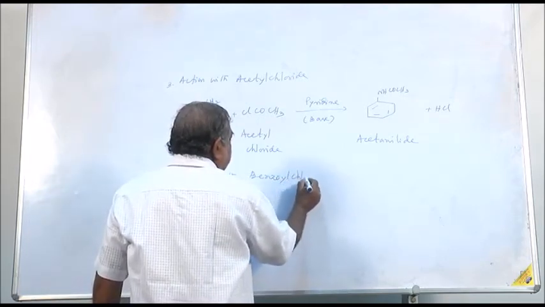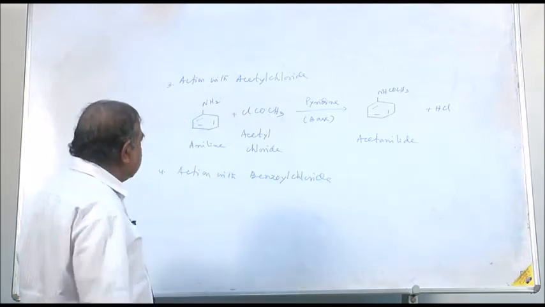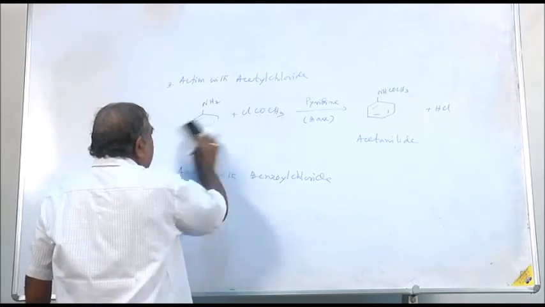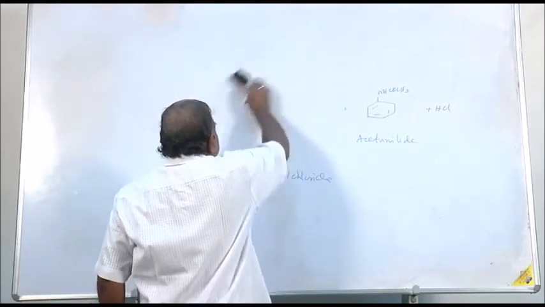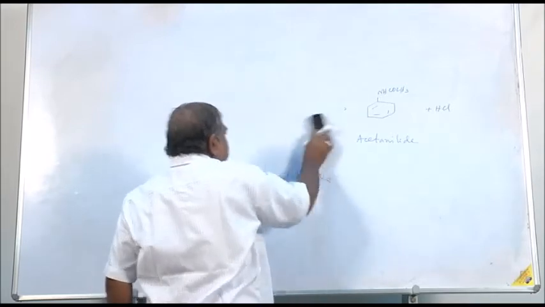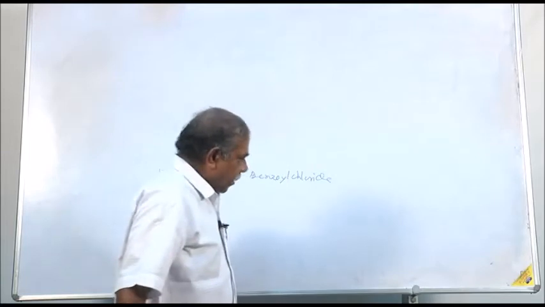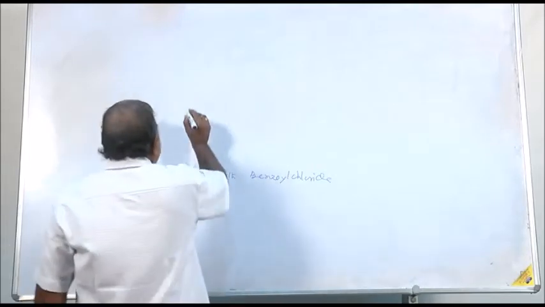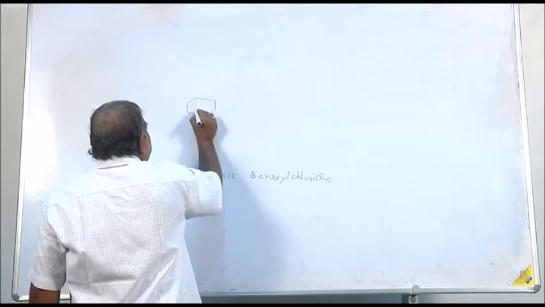So aniline reacts with benzoyl chloride in presence of the same pyridine, which is a base, to form benzanilide. Let us take aniline.